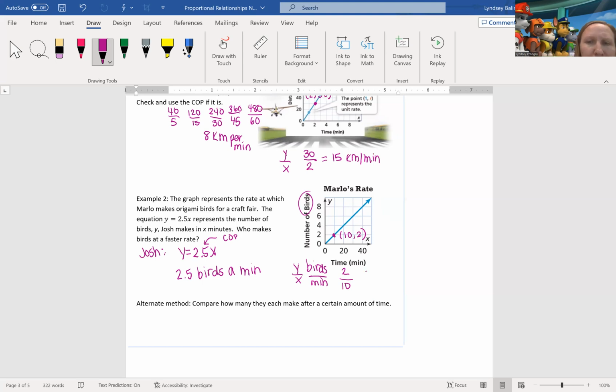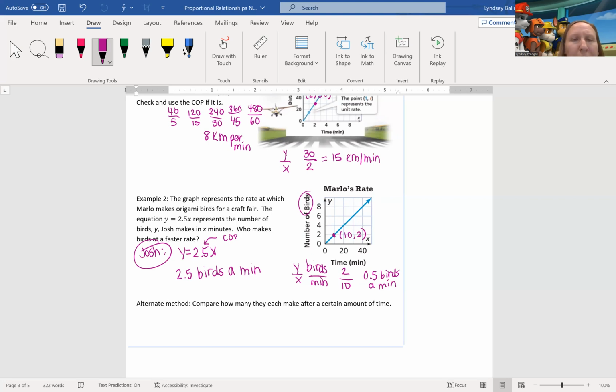That would actually be 0.5 birds a minute. So he's actually pretty slow at making these origami birds. So who would make birds at a faster rate? That would be Josh. He's making 2.5 a minute compared to Marlo's 0.5 birds a minute.